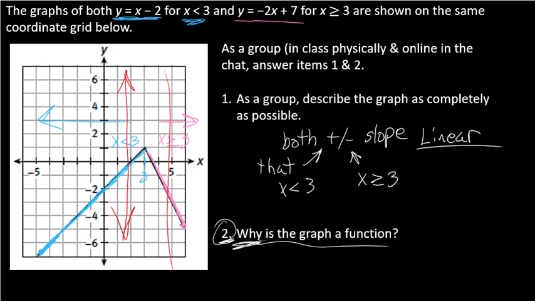Okay, if I can draw a vertical line through it and it never intersects the graph of the function more than once, okay, then it is a function. Okay, so we would just say it passes the vertical line test. Okay, that'd be the simplest thing to do.